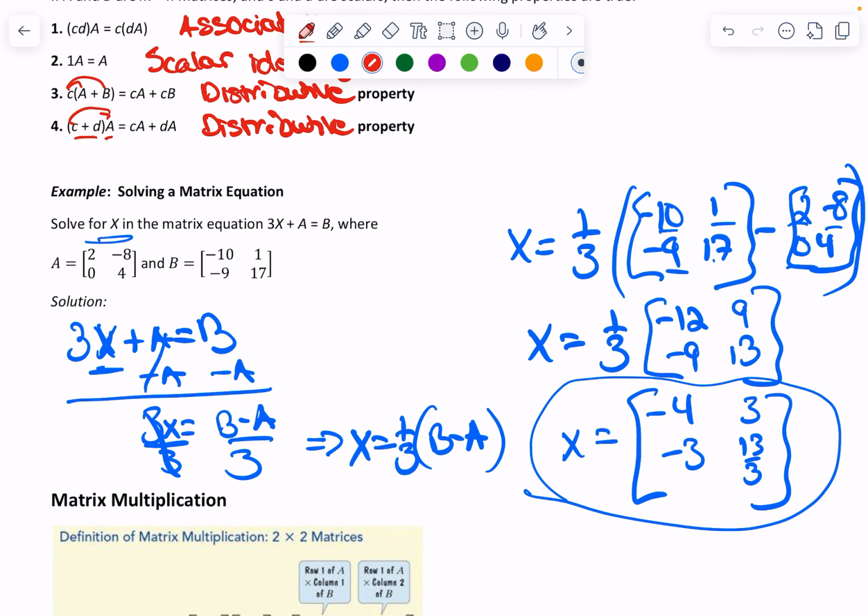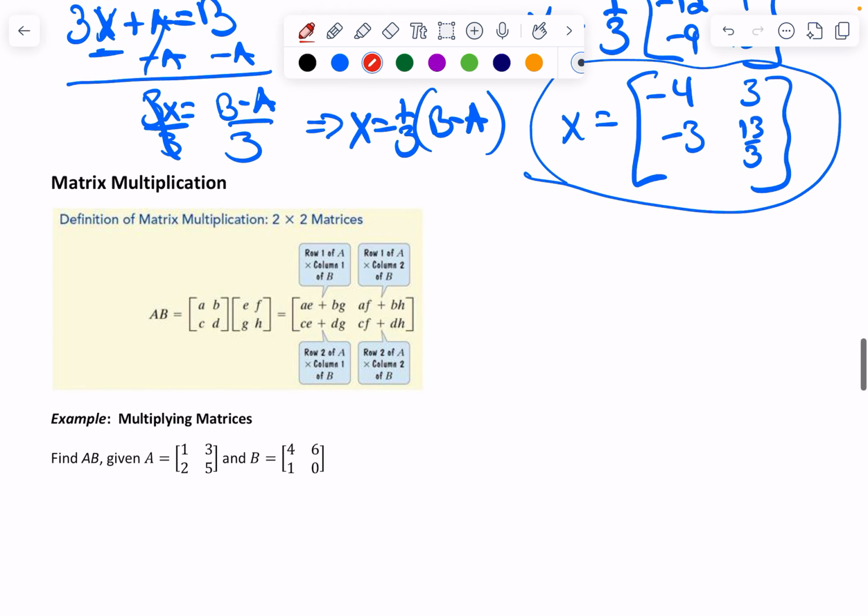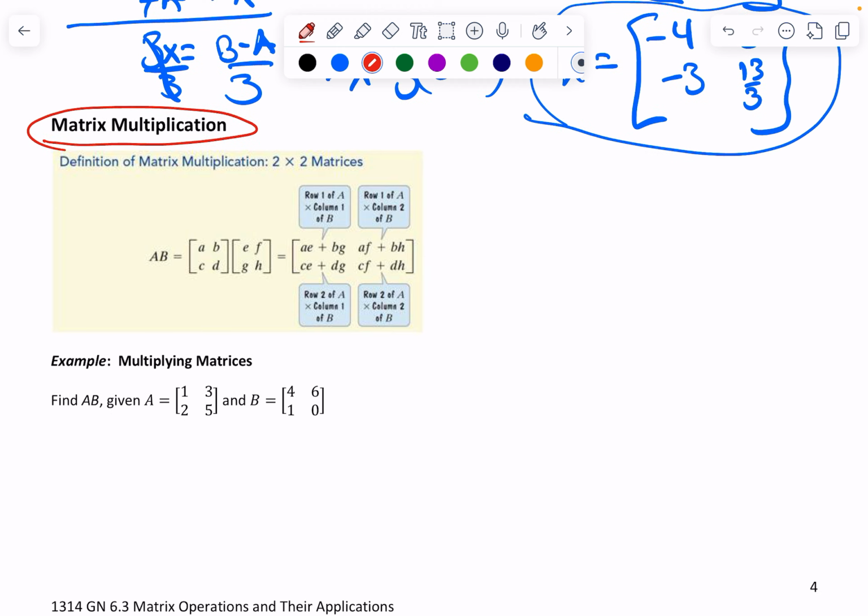Okay, matrix multiplication. Everything that you've learned so far is pretty straightforward, easy. Matrix multiplication requires a little bit more. It's not as straightforward. So this is the definition of matrix multiplication for 2 by 2.